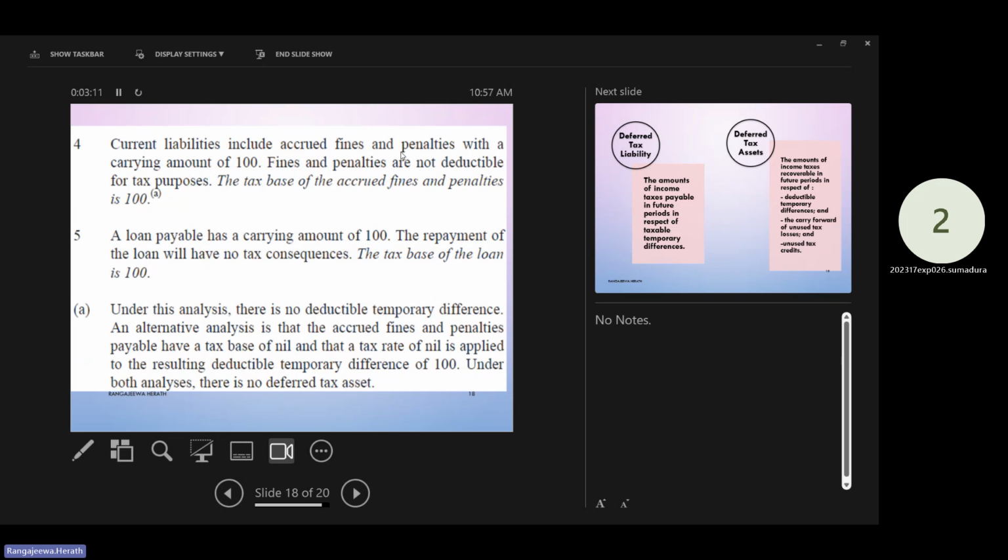Then under that approach, the tax base of the liability is 0. Now we have a difference: carrying amount 100, tax base nil. But still the tax effect is 0, because this is not tax deductible. So under both approaches, there won't be a deferred tax asset.